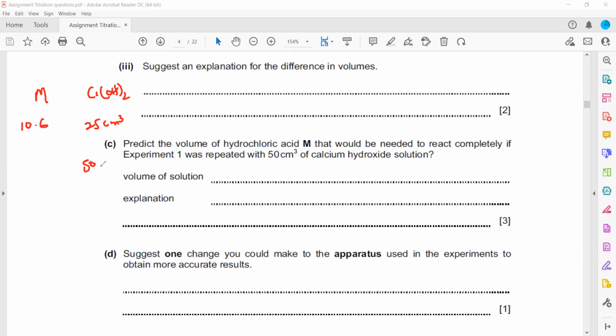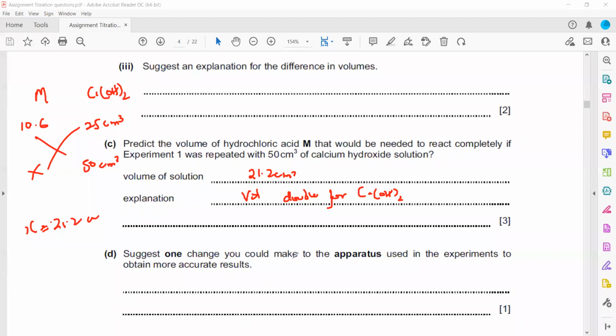But if we want 50 cm3, we cross multiply, and we get 21.2 cm3. So 21.2 cm3 of solution M is needed, because the volume of calcium hydroxide is double. So we need twice as much as we used in the initial experiment.